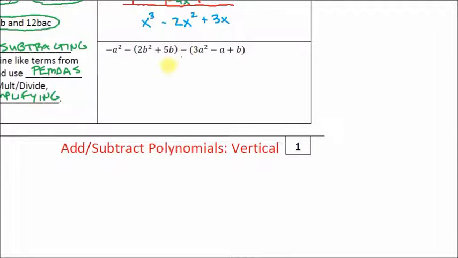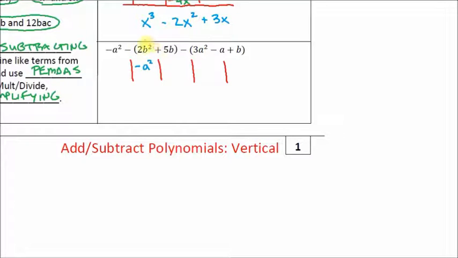I don't know how many columns I'm going to have here, so I'm just going to put a couple of them out. Let's see if we have enough. And I'll add another column if I need to. All right, let's start putting our terms into our columns. So I've got a negative a squared.